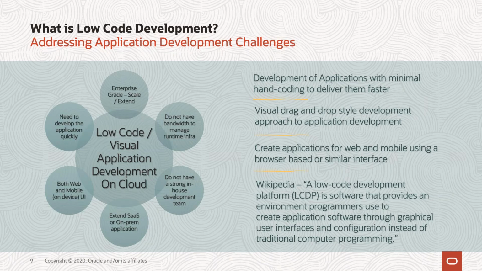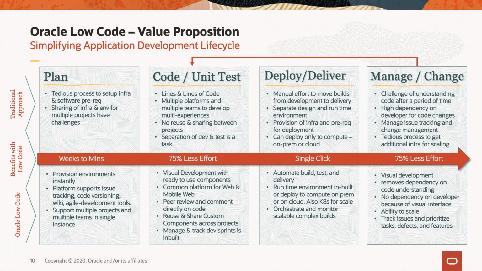Now let's illustrate that in more detail. If we look into a traditional development lifecycle, in general we can partition this into four pieces, right? So we have the planning section, where we think about what infrastructure we need, what language we're going to use, how we provision it, and where we get those resources from, right?